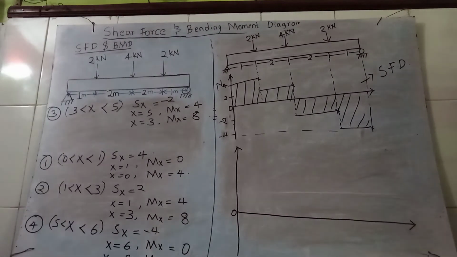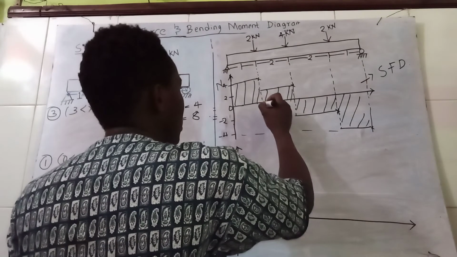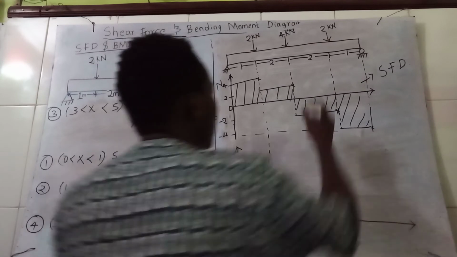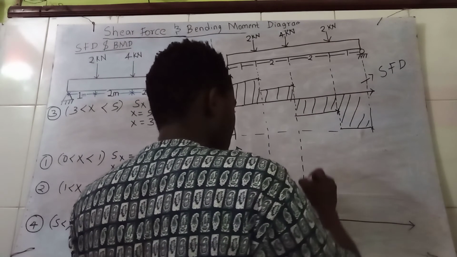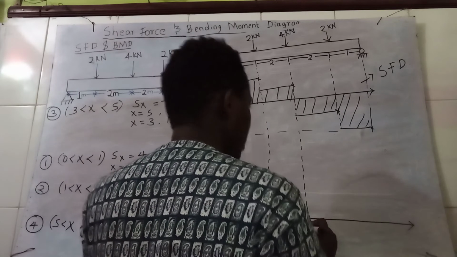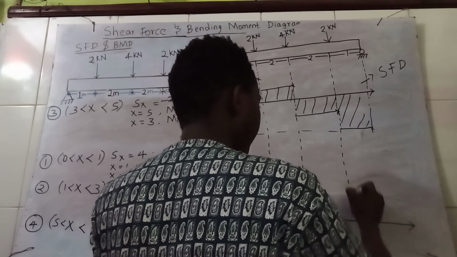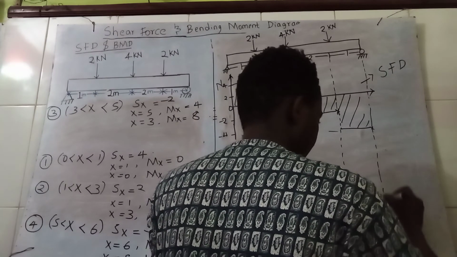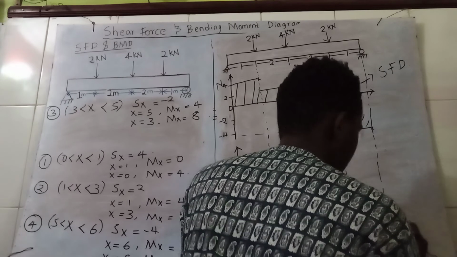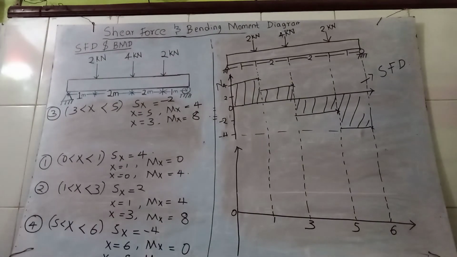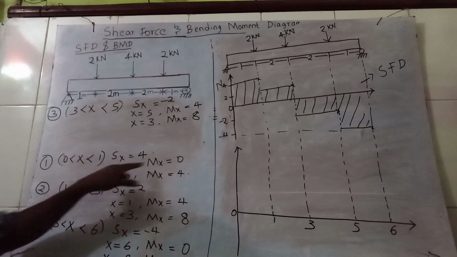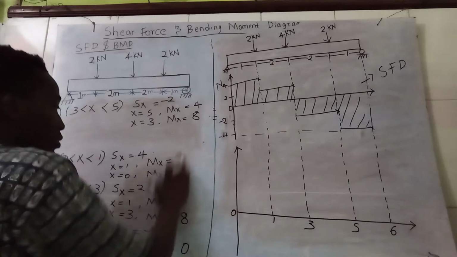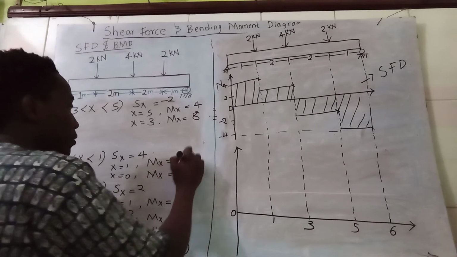So for the section 1, at a distance x equals 1. So at that point 1, let me just draw the sections. 3, that is 5, and that is 6. So at section x equals 1, Mx was 0. Sorry, this is 0 and 4.